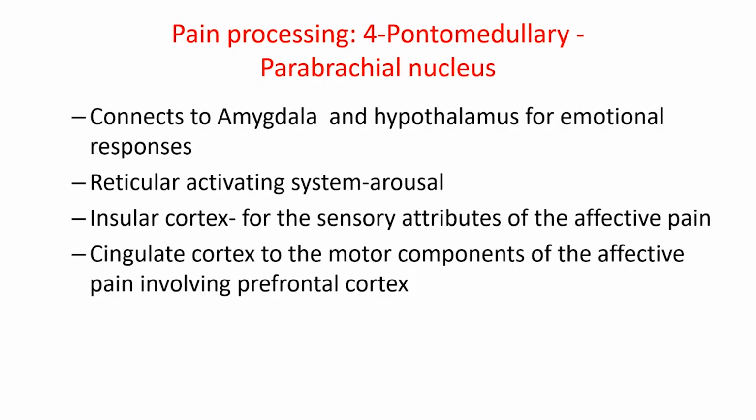Then they will also send impulses to the cingulate cortex. So for the action, for the cognitive component of this affective pain, that in turn talks to the prefrontal cortex. This is what happens by the parabrachial nuclear relay.